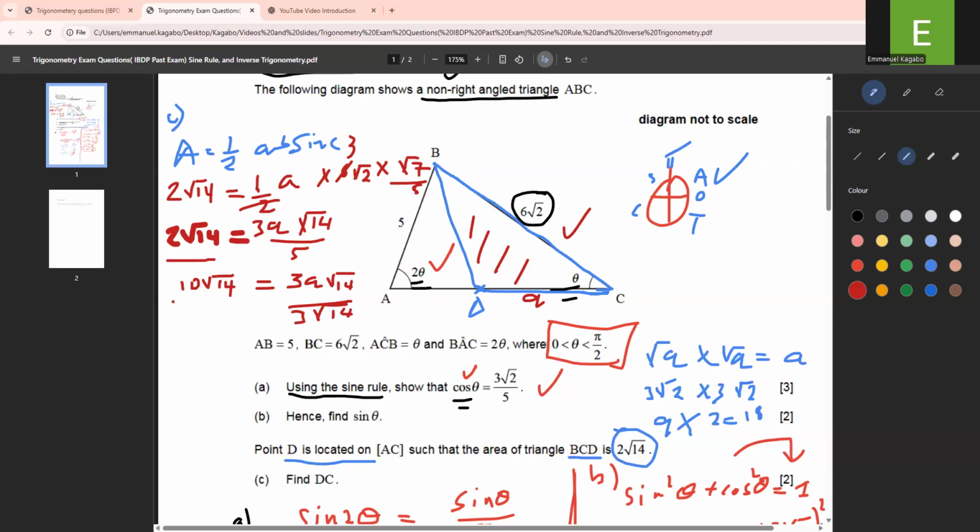So when I divide, I'll get 3 square root of 14, so this cancels out with that. So my value of a, which is the DC, equals to 10 over 3.